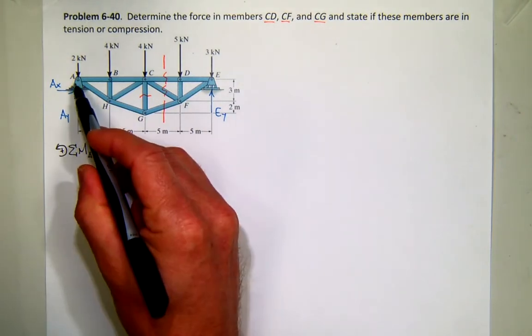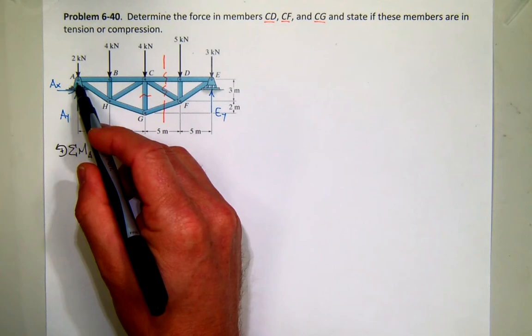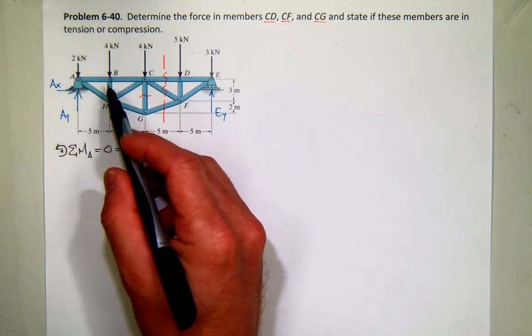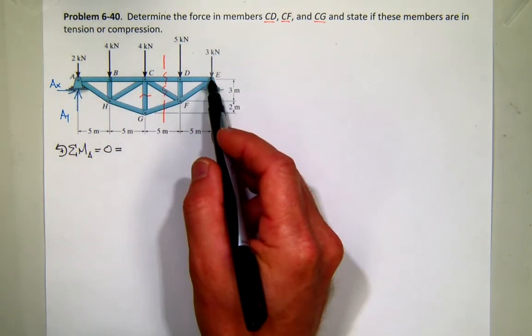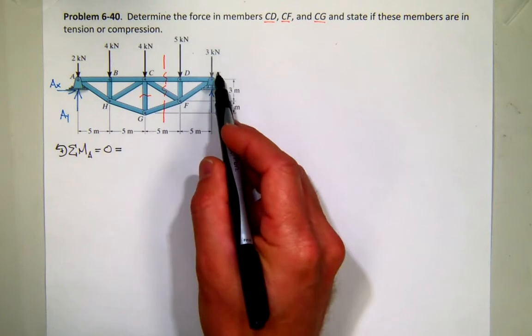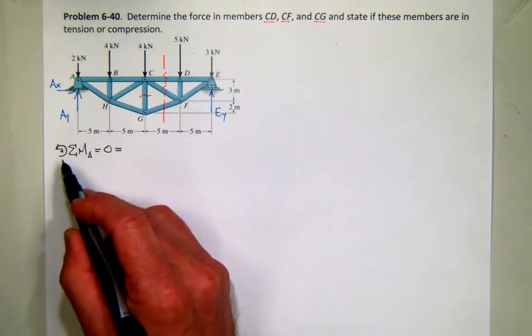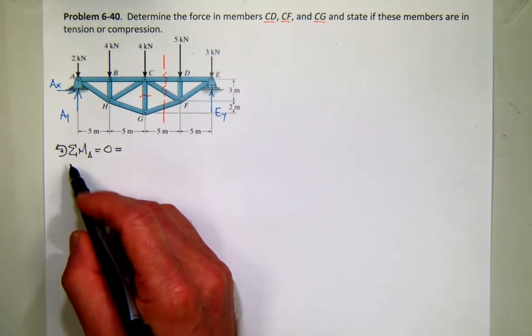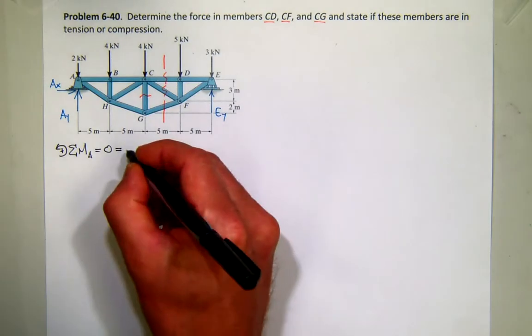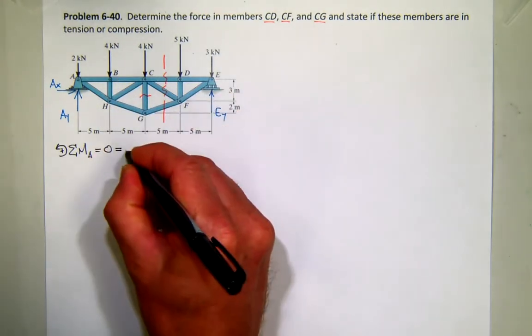So about A, the 2 kilonewton force is at A, creates no moment. So I have 1, 2, 3, 4 forces. All 4 of those applied forces are creating negative moment according to my sign convention. So I'll just go down the line and do each one individually.